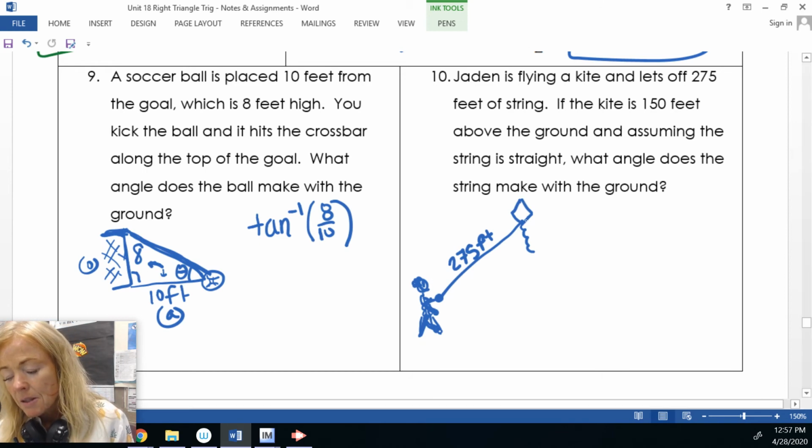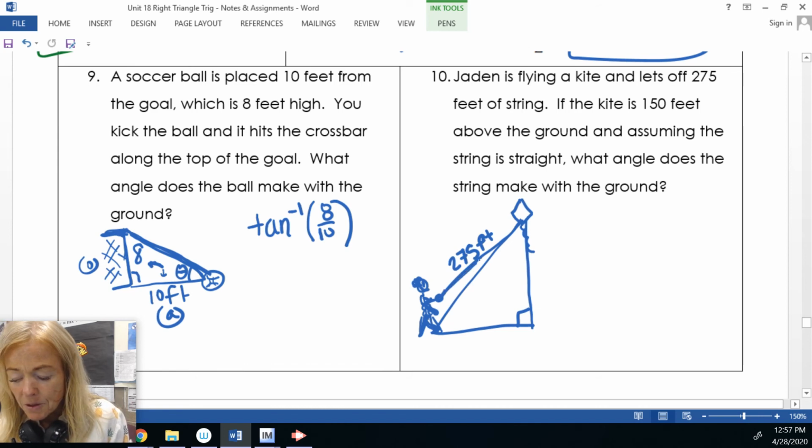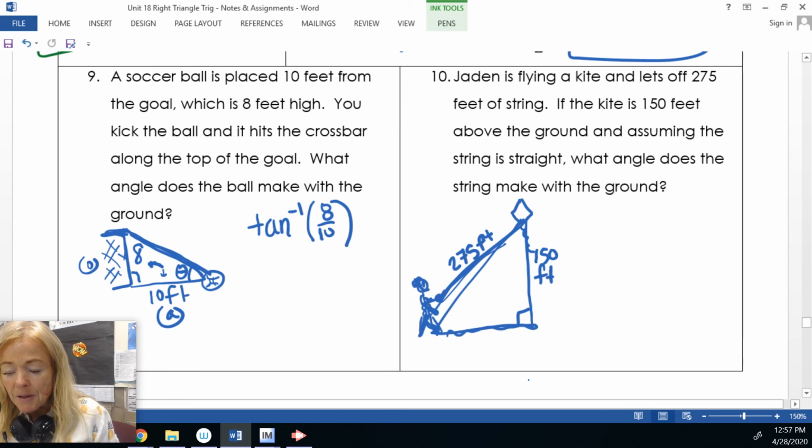Now, I am just going to use this triangle, which I know isn't the best because the string's coming from his hand, not the ground. But for this, we're going to use 275. We'll just use the measurements and approximate. If the kite is 150 feet above the ground, then this measurement here from the ground to the kite is 150 feet.